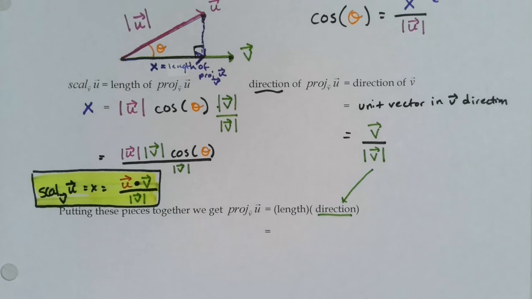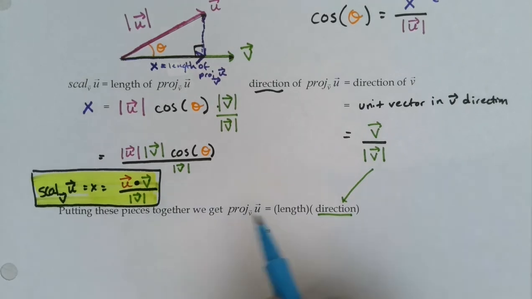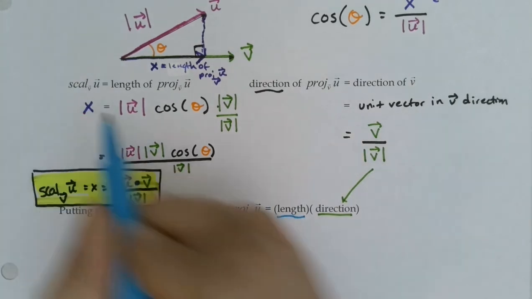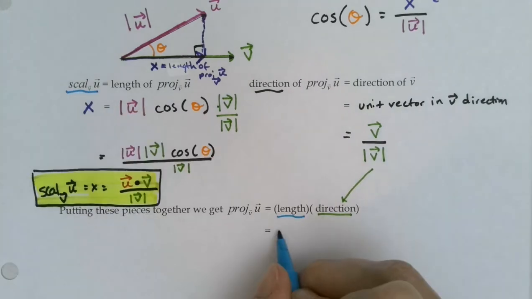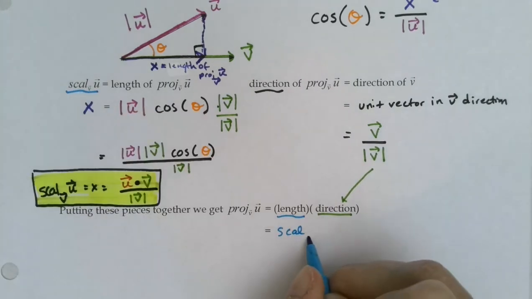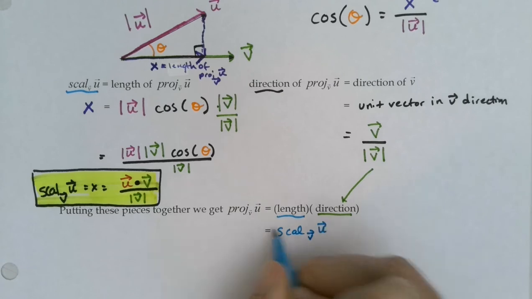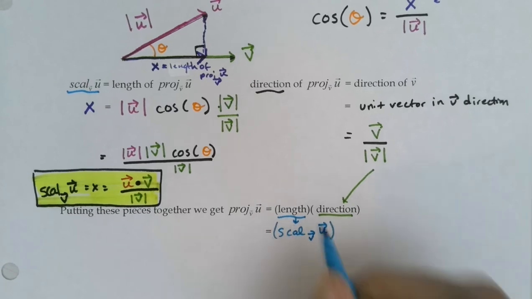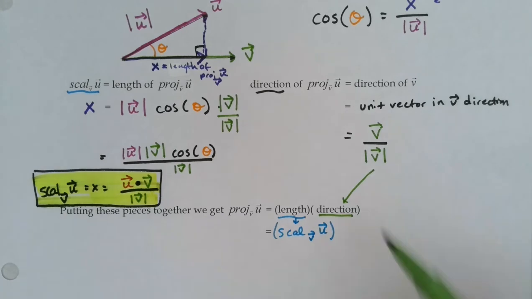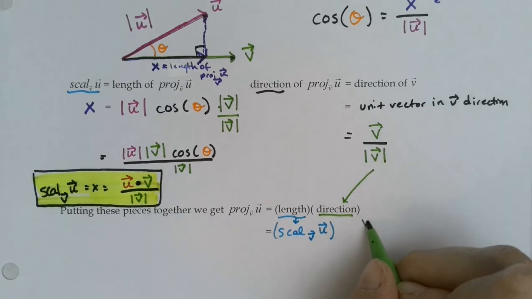So we know the length. The length would be the scalar. So if I have the length, that's this part right here. The length is the scalar of u onto v times the direction, but we just proved what that was. That is the v vector divided by the magnitude of the v vector.